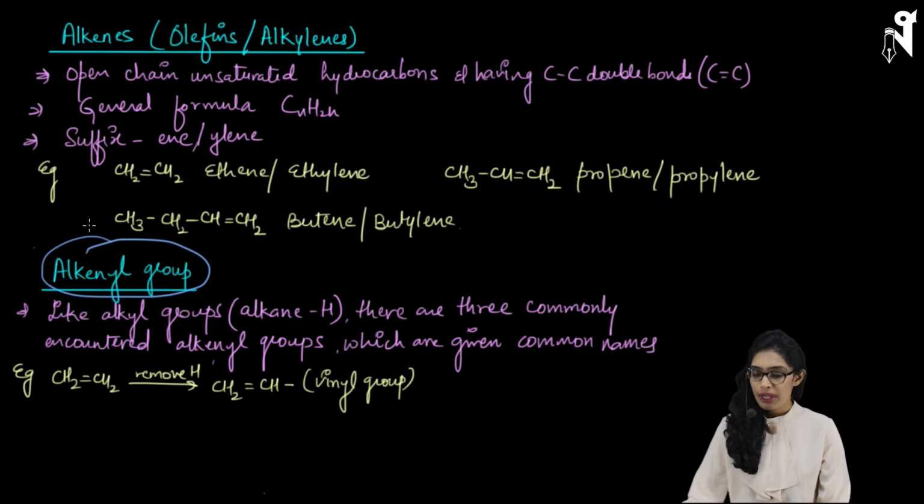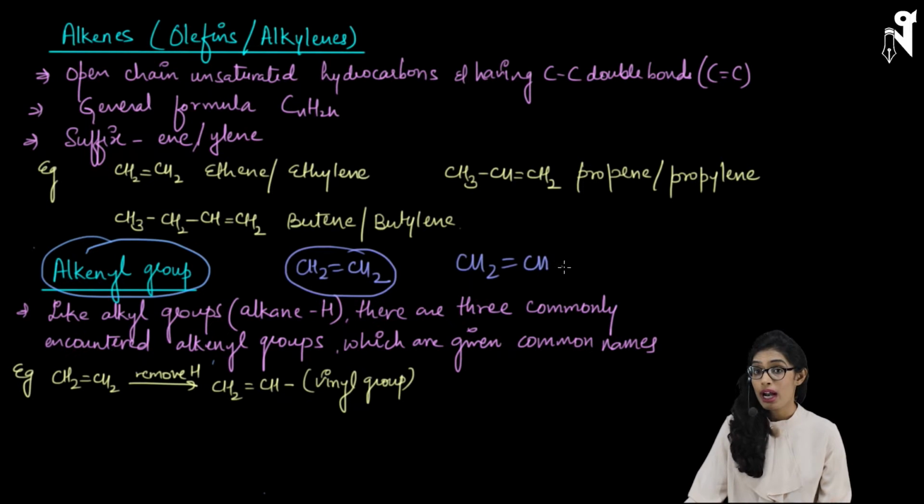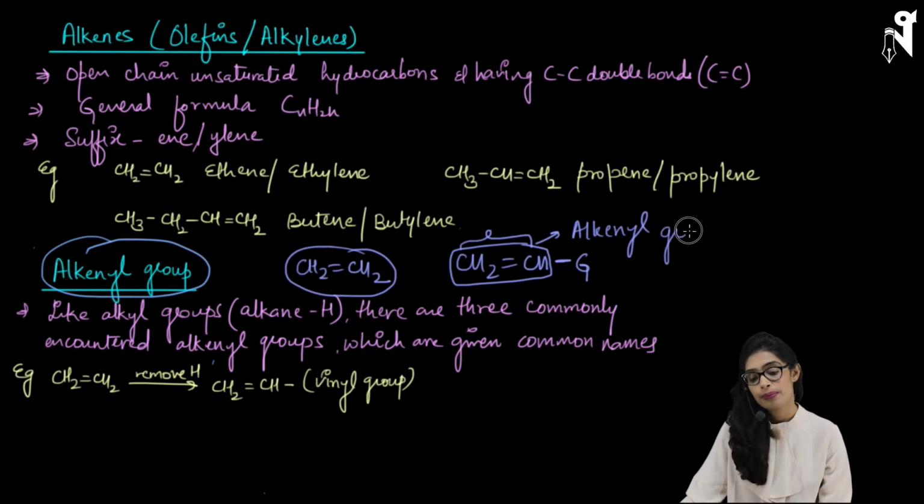For example, just see, if I have taken let's say CH2 double bond CH2. Now instead of CH2 CH2, if I write it as CH2 double bond CH, now one hydrogen is less, and the fourth valency is not fulfilled by hydrogen but by some other group, let's say G, then this group or this chain will be called an alkenyl group.